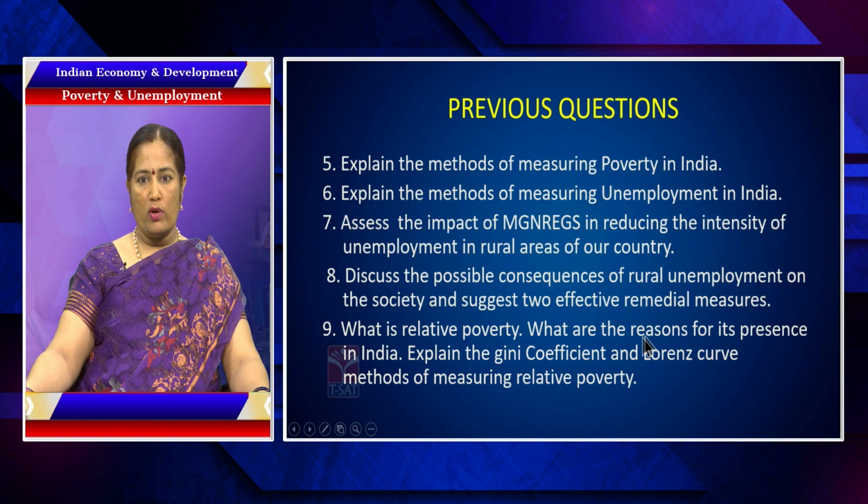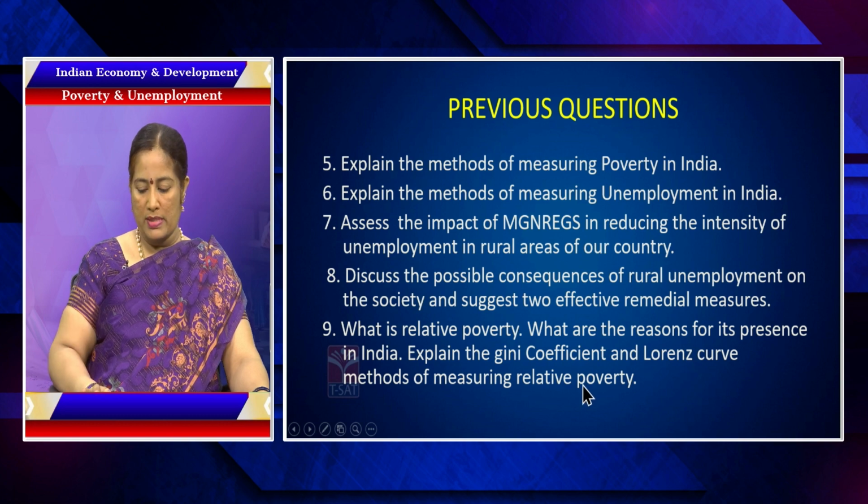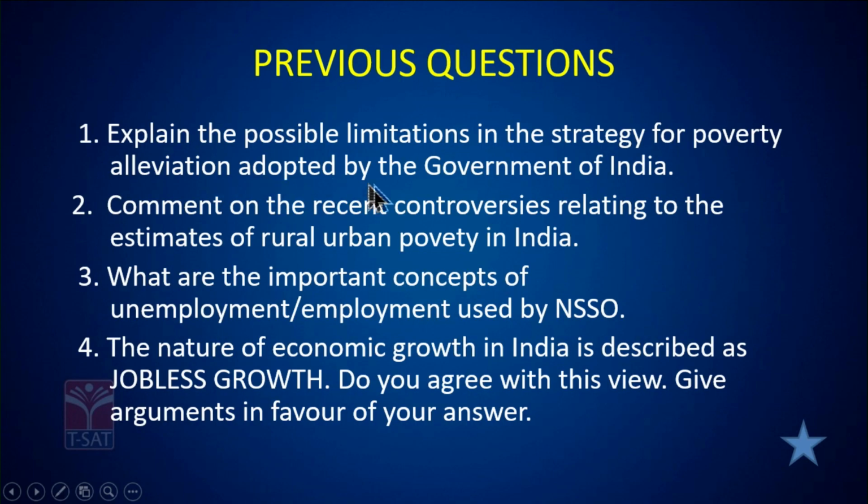Relative poverty: what are the reasons for its presence in India, and the role of the Gini coefficient as well as the Lorenz curve for the purpose of measuring relative poverty. Then explain the possible limitations in the strategy for poverty alleviation adopted by the Government of India. Comment on the recent controversies relating to the estimates of rural-urban poverty in India.